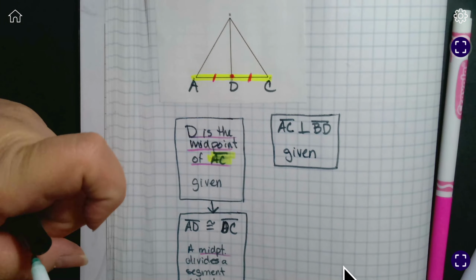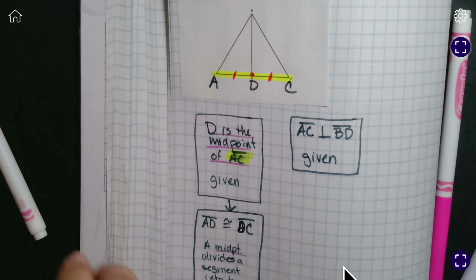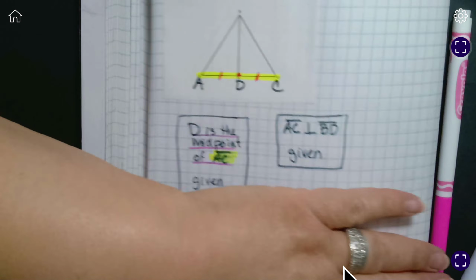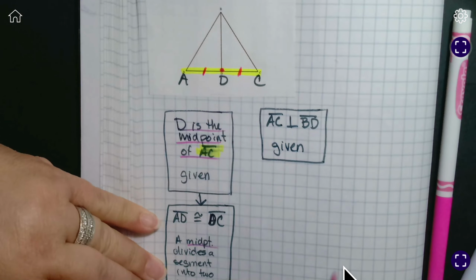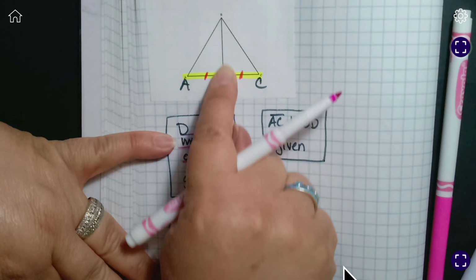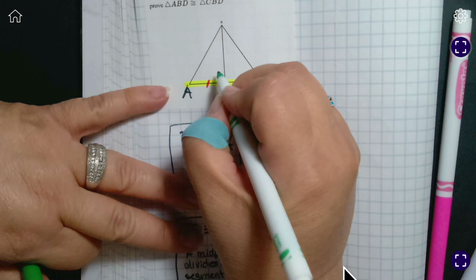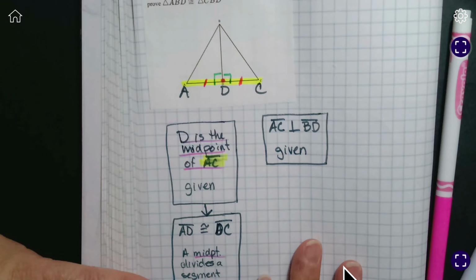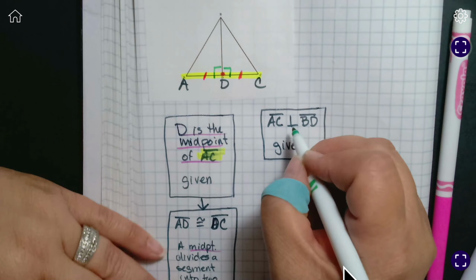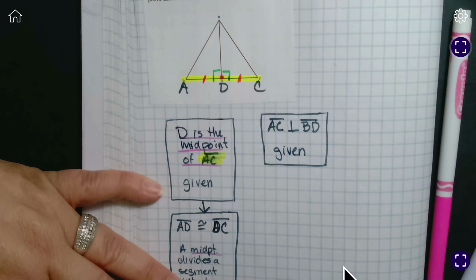So AC and BD are perpendicular. So this is a right angle and that's a right angle right there. When you have perpendicular lines, those are your right angles.